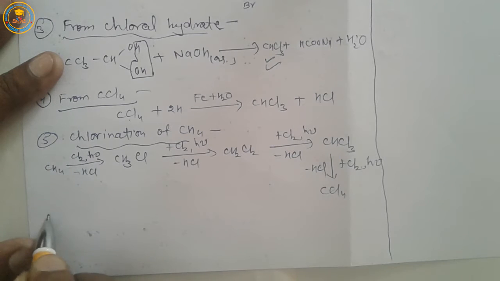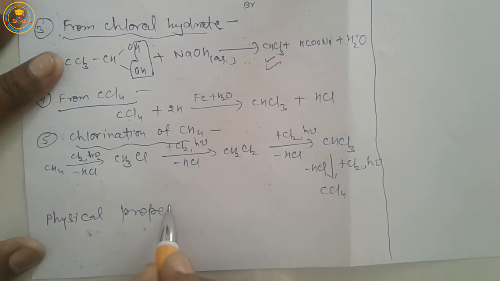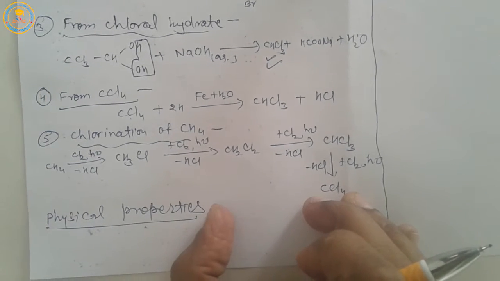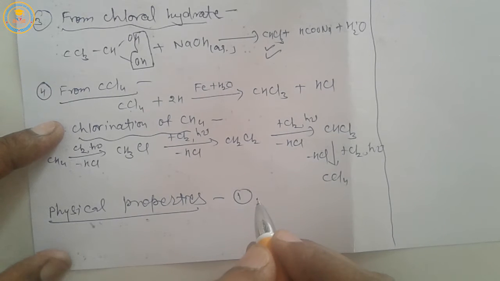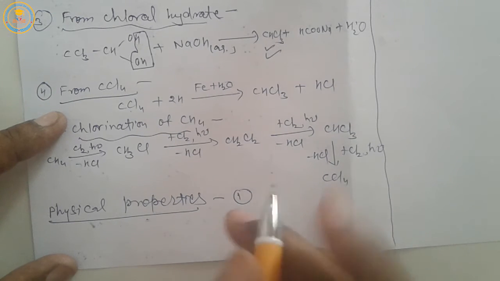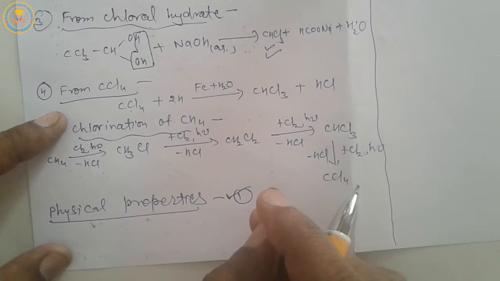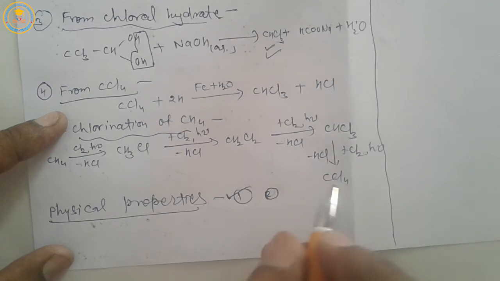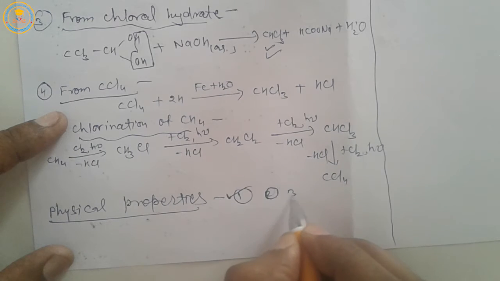Now, next, physical properties of chloroform. First point, it is a colorless, sweet smelling liquid. Second point, it is readily soluble in ether and alcohol.